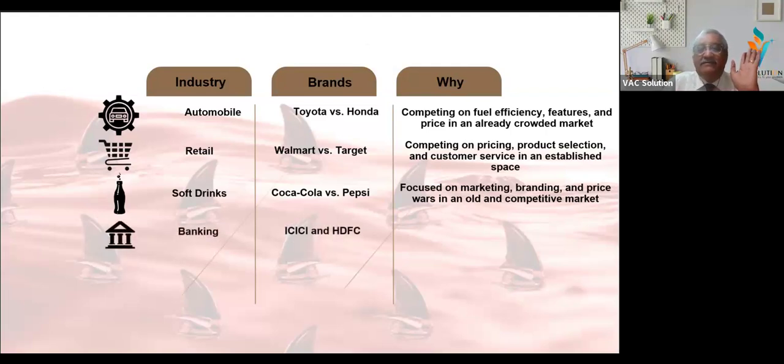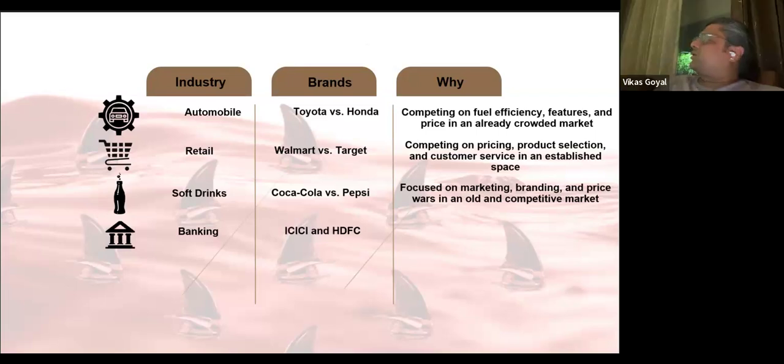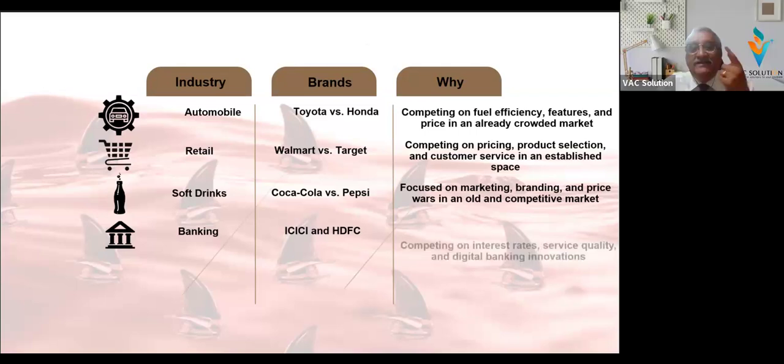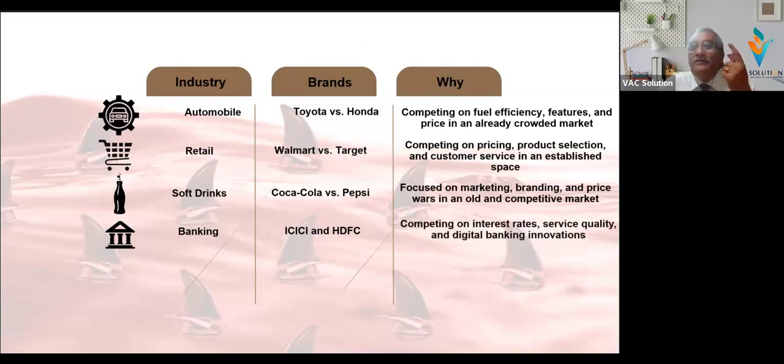Banking. What is the dominant logic in banking? Is it the rate of interest? See how correctly you found out? Competing on interest rate, service quality, digital banking innovation. So you see, the fight is always within the dominant logic.